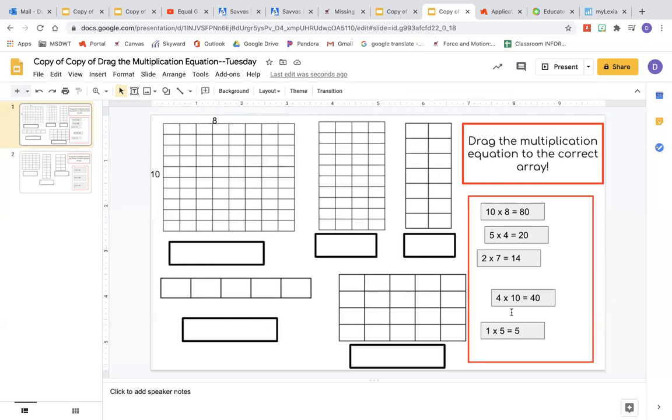Which one do you guys see over here that matches this? Is it 8 times 10 or 10 times 8? Send me a chat now. Which one would I pick over here to match this array?